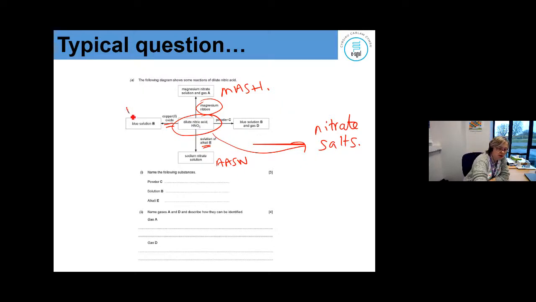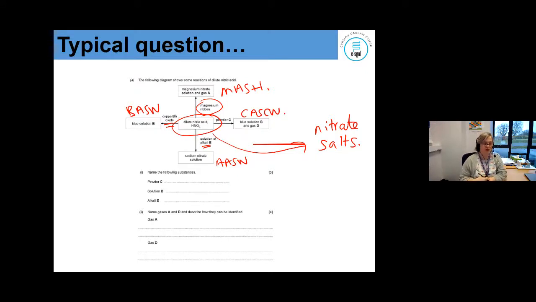So this is going to be the BASU. Okay. And then it tells you that it makes a gas D by adding a powder. Well, we know that only two things make a gas: a metal, which isn't a powder, and a carbonate. Okay, so that tells you that this arrow is therefore going to be the CASCU arrow.